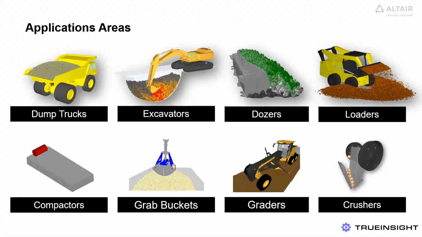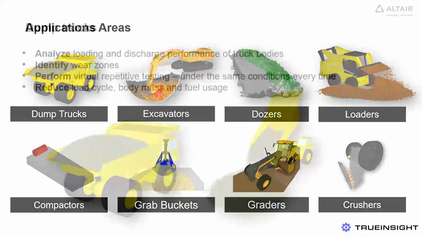A number of top construction and mining OEMs have been using EDEM for many years, and consequently, they've been able to deliver better design machines on time and at a reduced cost to the customer market. I'll go through each of these examples in a bit more detail and show how users benefit by using EDEM in these application areas.